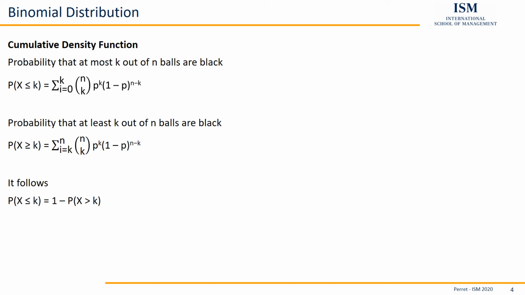Or the exact opposite way, greater or equal to k can be rewritten as 1 minus the probability of x being smaller than k. This can make things easier relatively often.